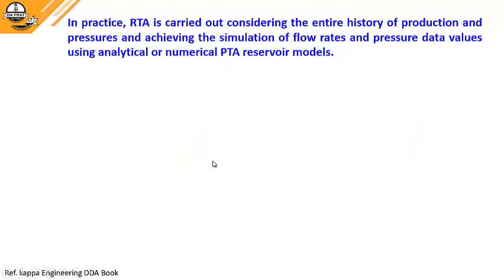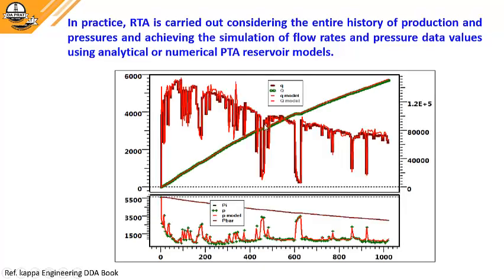So in practice, rate transient analysis is carried out considering the entire history of production and pressure and achieving the simulation of flow rate and pressure data values using analytical or numerical models. Here is an example. You have here your production and you have also your bottom hole pressures.